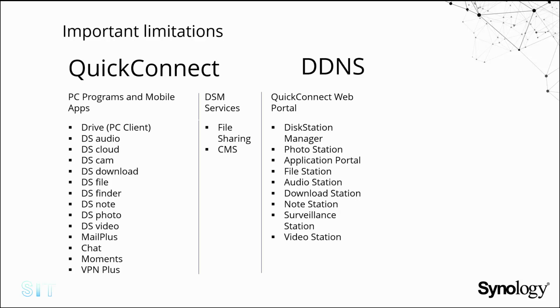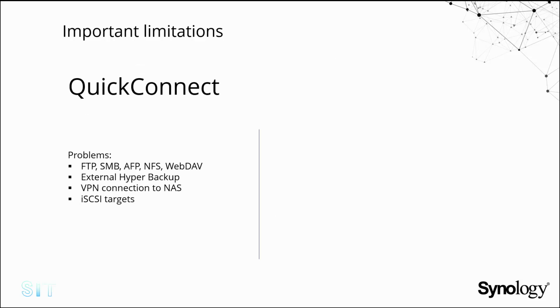Where do problems arise? Firstly, external access via file services such as FTP, SMB, AFP, NFS, or WebDAV is not possible. Alternatively, the File Station would work for this. Secondly, an external backup via Hyper Backup to the device using QuickConnect is not possible. We would have to work with USB media or backup to the Synology C2.